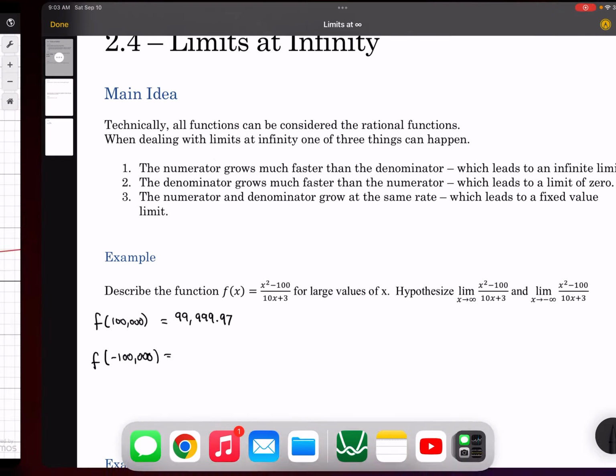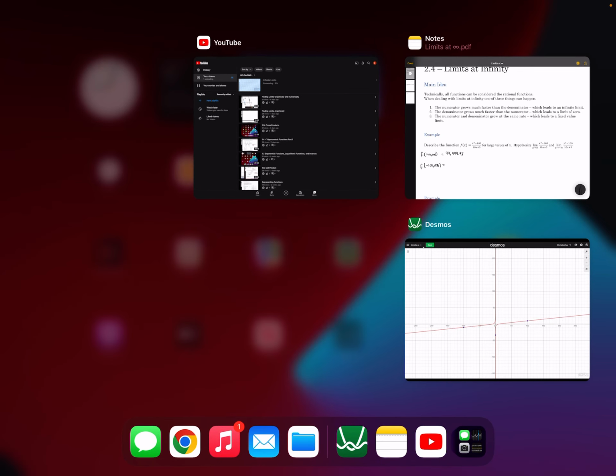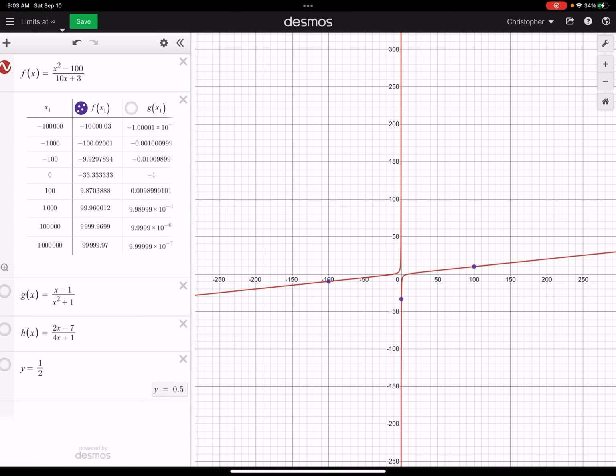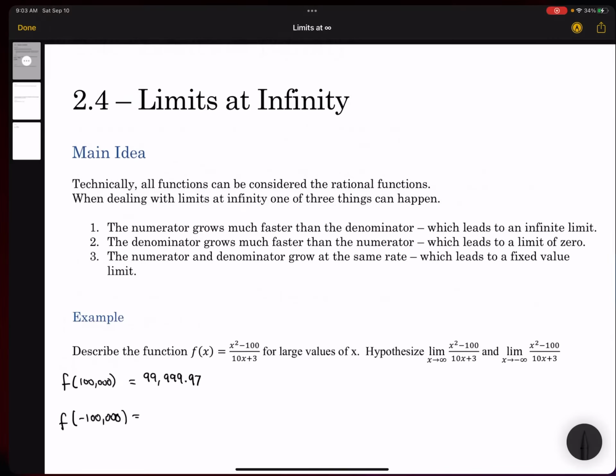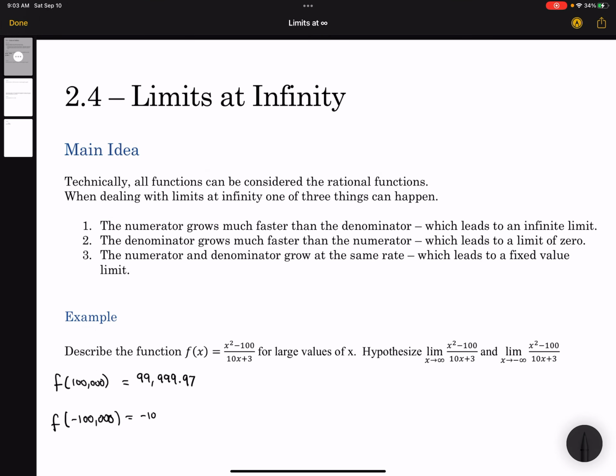And that was negative 10,000.03. So again, it seems like the limit is going to be infinity when x goes towards infinity, and the limit is going to be negative infinity when x goes to negative infinity.